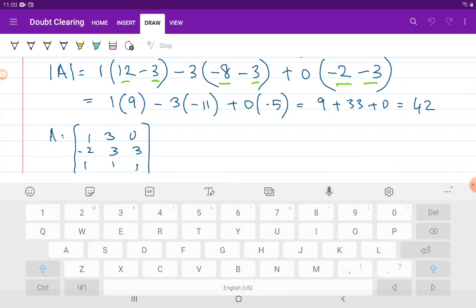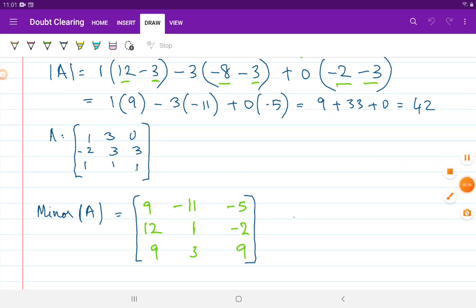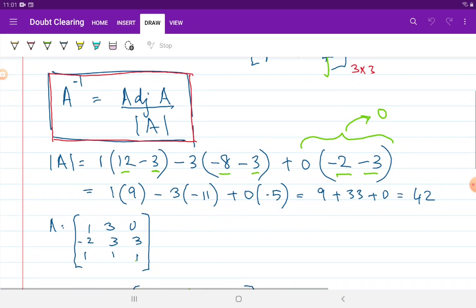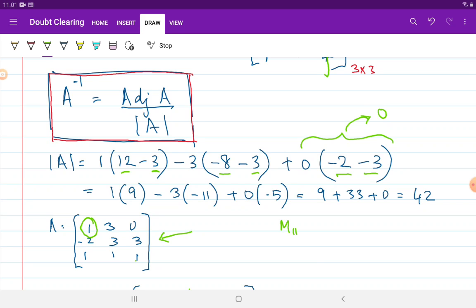The next step will be to find the adjoint of the matrix A. This is the original matrix, and to find the adjoint, I am going to find the minor matrix of A, for which I am denoting the minor for the first element A11 as M11.